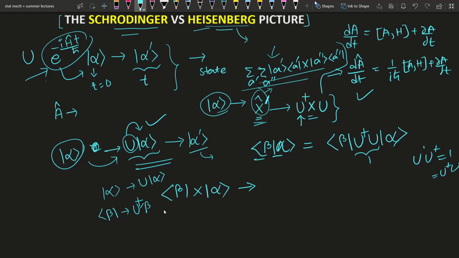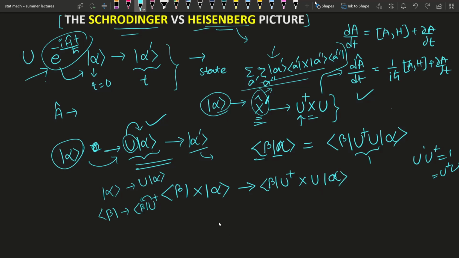Sorry, any bra should be like this. When we want to operate any operator on any bra, we have to operate it from right to left like this. So it will be a dagger, so it becomes beta, then U dagger X U, and alpha, right?